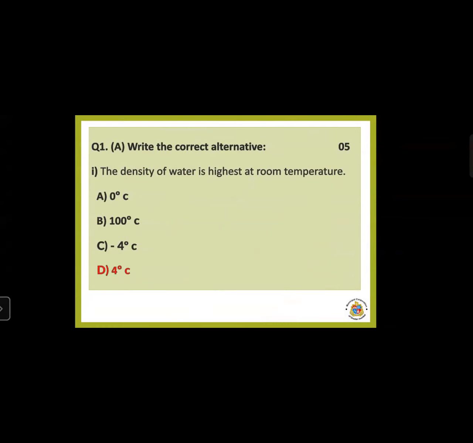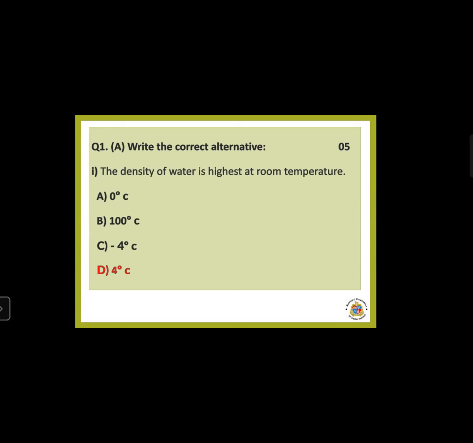The first question has 2 sub questions, question number 1A and 1B. Question 1A carries 5 marks and 1B carries 5 marks, so the total is 10 marks. This question number 1 is a compulsory question. There is no option.